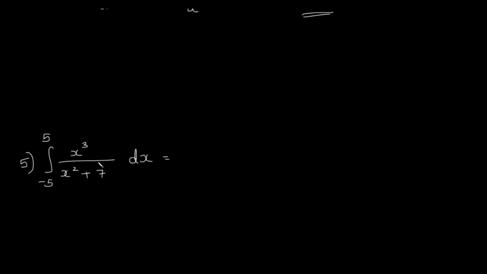So when you do such sums, the first thing that you check is whether f(x) is an even or odd function. You know how to check it, isn't it? Whatever question is given, you first find what is f of minus x, by putting x as minus x.